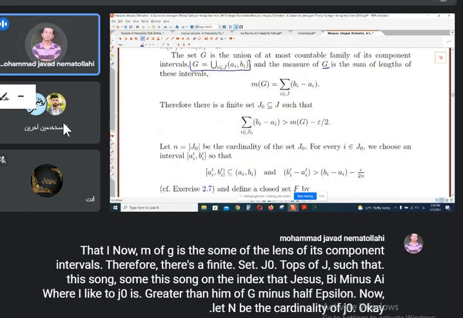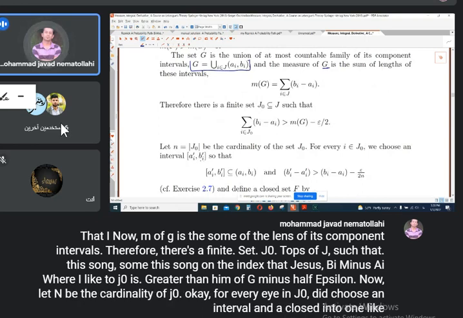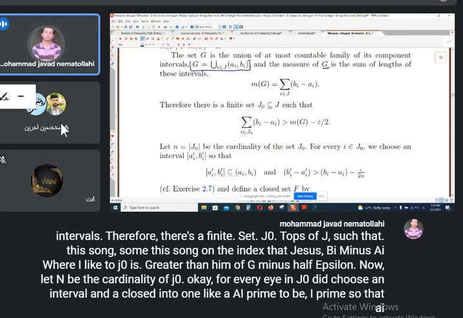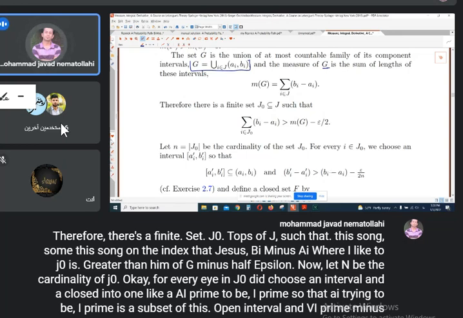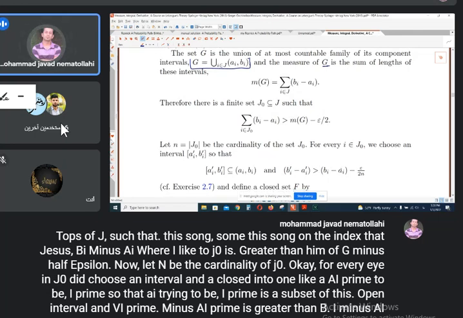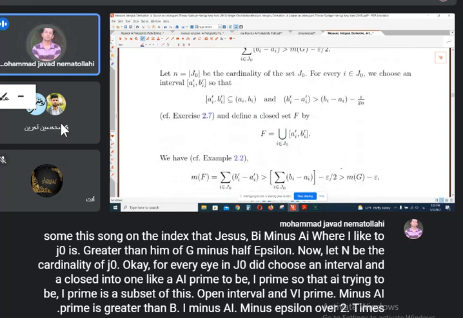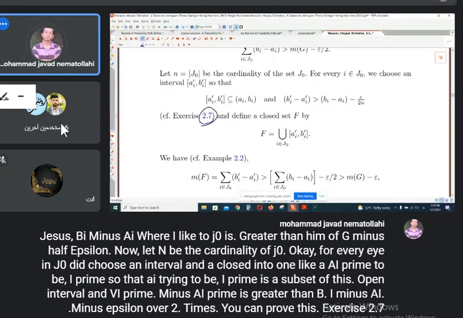For every i in J0, we choose a closed interval [ai prime, bi prime] that is a subset of this open interval, and bi prime minus ai prime is greater than bi minus ai minus epsilon over 2n. You can prove this by exercise 2.7. You can do it as homework.